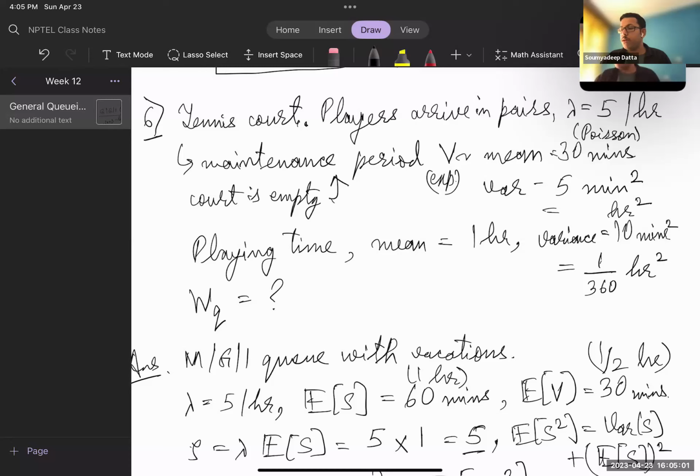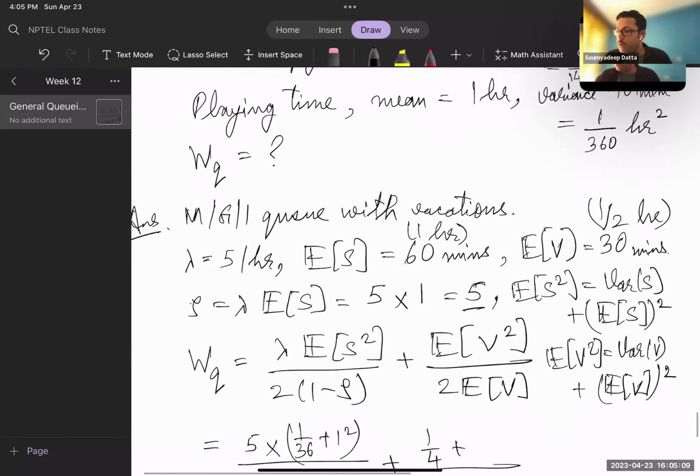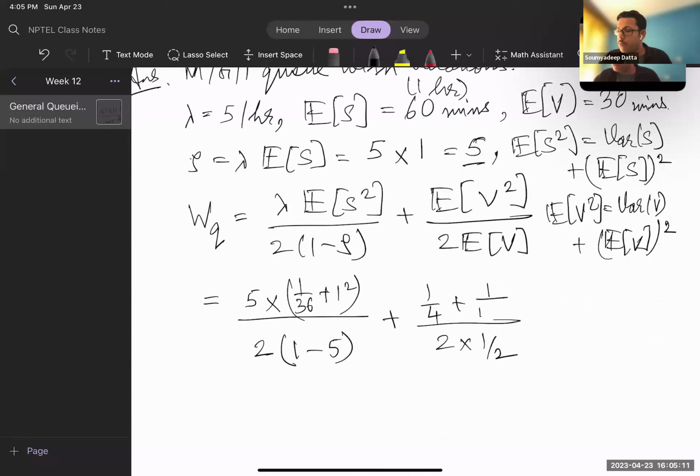And so this will be 1 by 1440 hour squared. So we can compute this value.